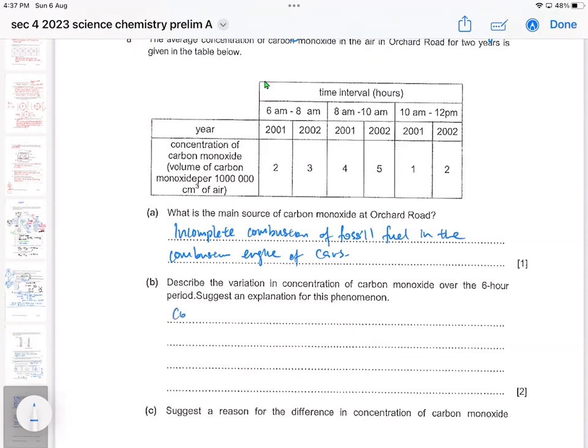Okay, so in this case, I'll mention that the concentration of the CO is highest from 8 a.m. to 10 a.m., possibly due to the peak usage of vehicles during the busy period.